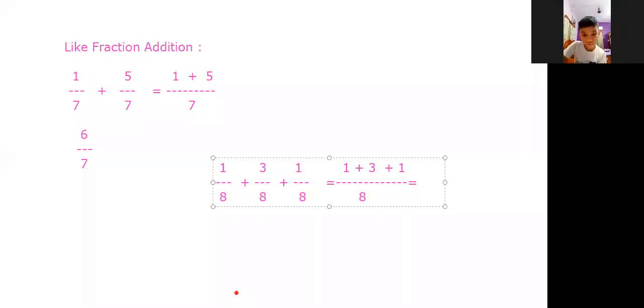So we'll just write that here. Total is 5 and denominator is 8. So you can see here how we are working. If there are two numbers or three numbers, it doesn't make much difference. They have to add one after another if they are like fractions.